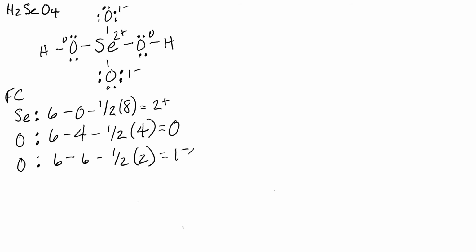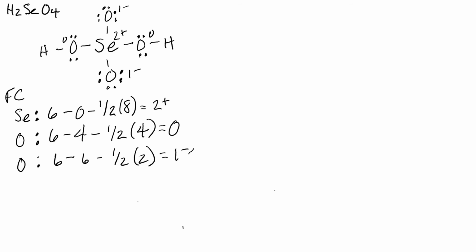Okay, so when we total those formal charges, the 2+ and the 2 minus 1s, the overall net charge is 0. So that satisfies the formal charge rules. Also, the positive charge is on the least electronegative atom.